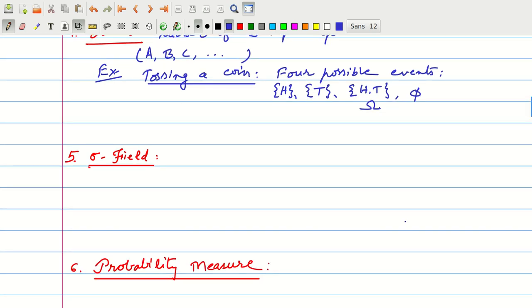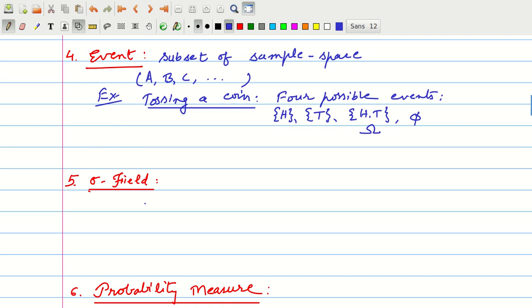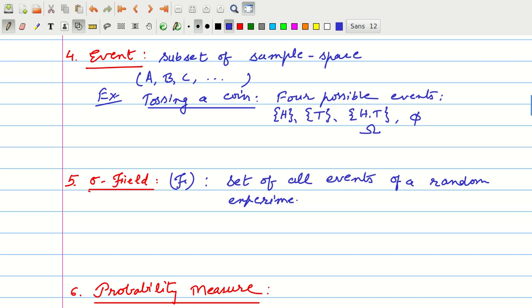The next term is a very important one, the notion of what we call a sigma field, denoted by script f. It is the set of all events of a random experiment. Or in other words, we can say that it's the set of all subsets of the sample space.